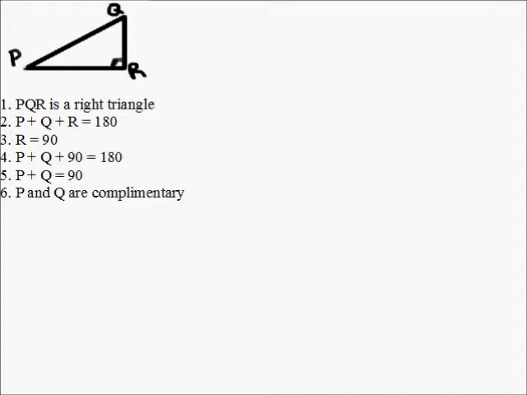The first one is PQR is a right triangle. Reason for that is very simple, given. That's part of the hypothesis. Next one, P plus Q plus R is equal to 180 degrees. What's the reasoning behind that? 180 degrees in a triangle.